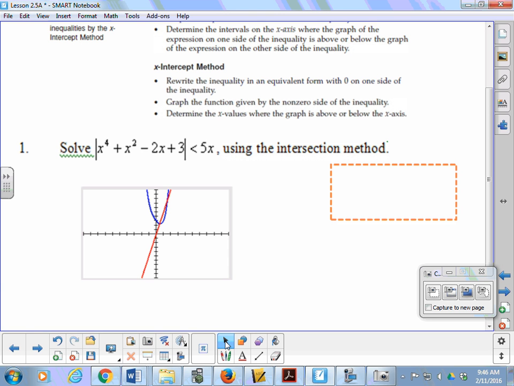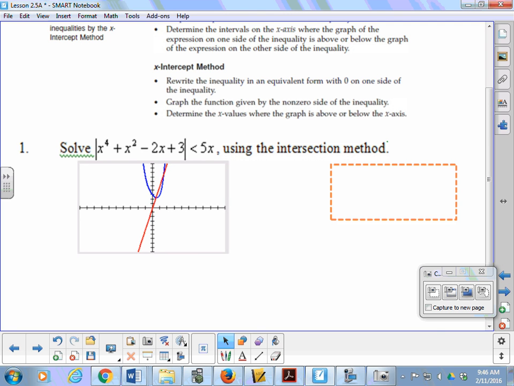Now, once you put your sketch on your paper, then you're going to want to make a number line to work with. The number line I'm working with here is going to be totally centered around the intersection points.